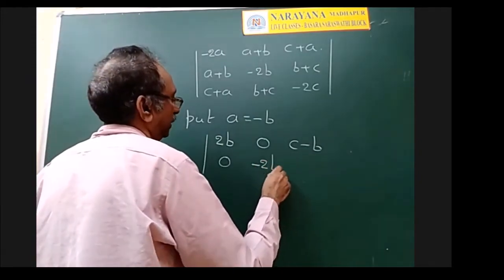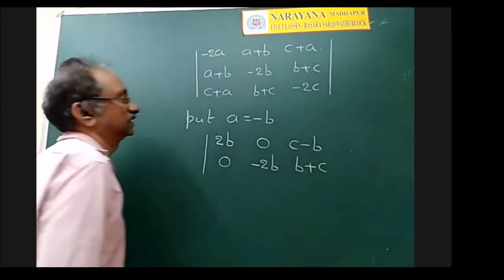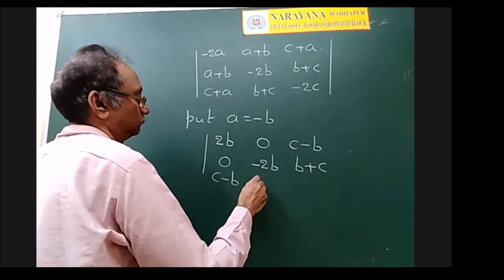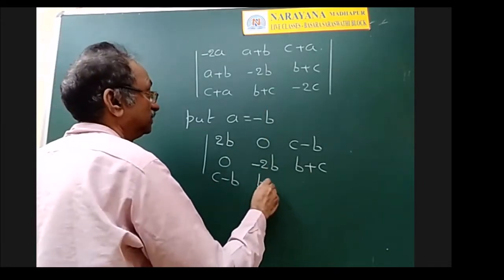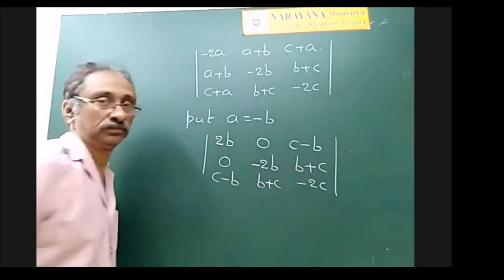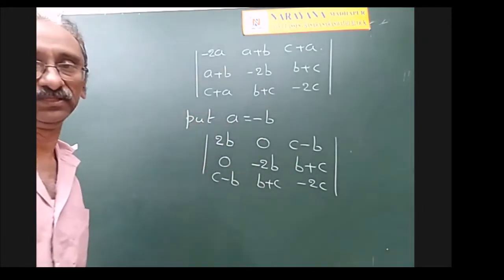This is minus 2b, and this is b plus c, and this is c minus b. This is b plus c, minus 2c. So what I have done is I have substituted minus b in place of a.